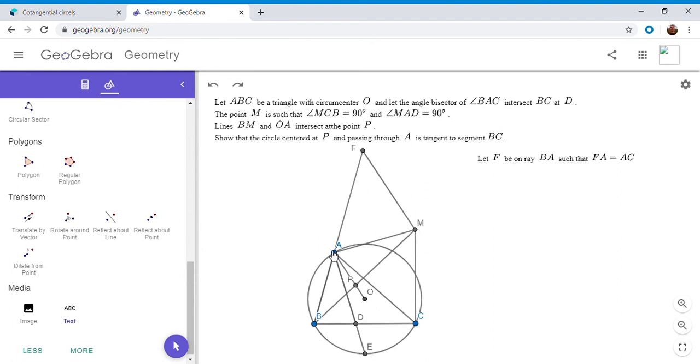So since MAD is 90 degrees, MAC has to be half of FAC. So basically, since AM is an angle bisector of FAC and AC is equal to AF, we have a symmetry in this problem.